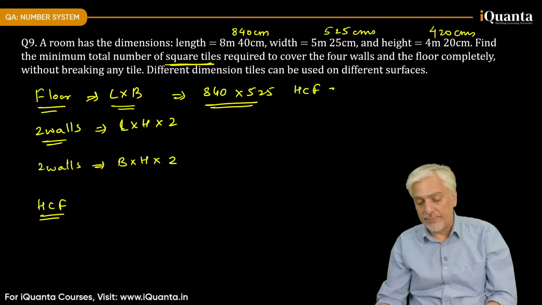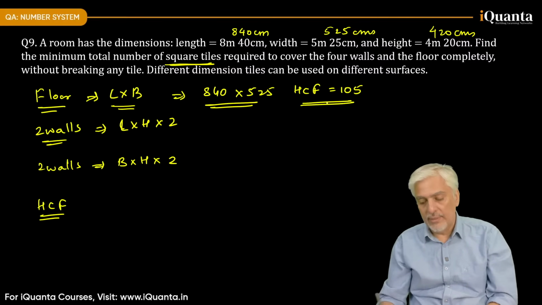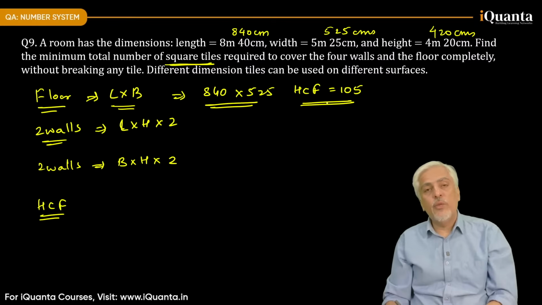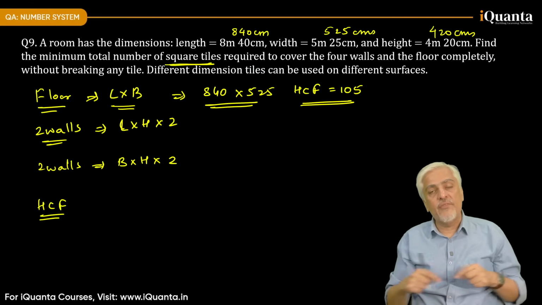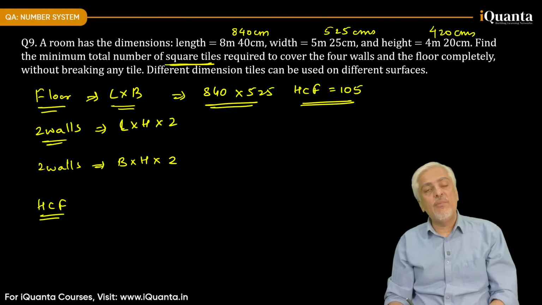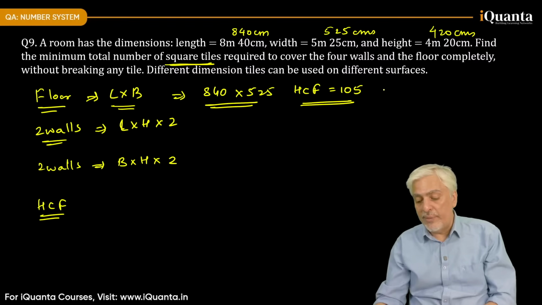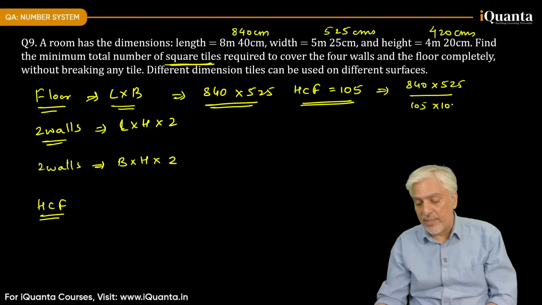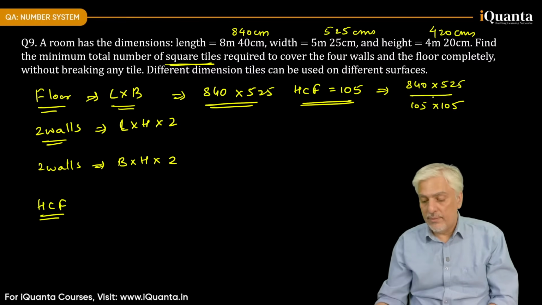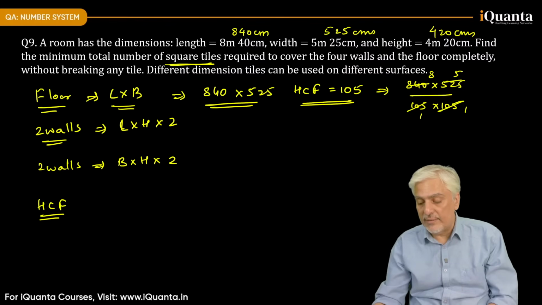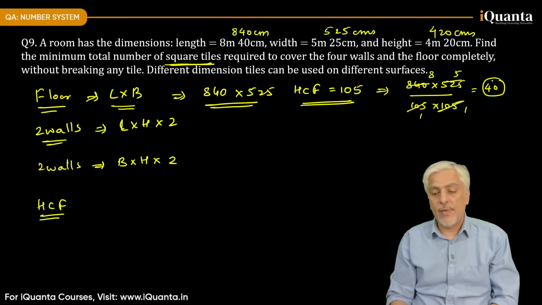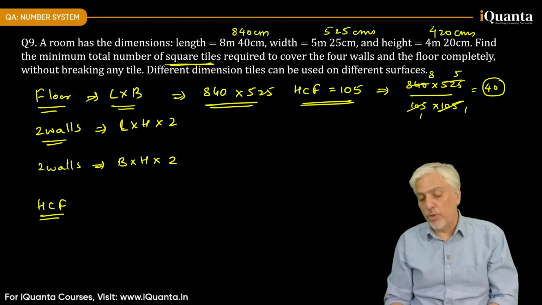HCF is 105, which means one tile will be 105 by 105, which means how many tiles will be needed? 840 into 525 divided by 105 into 105. 105 8s are 105 5s are. So यहाँ पे for the floor we will need 40 tiles. For the floor I will need 40 tiles.